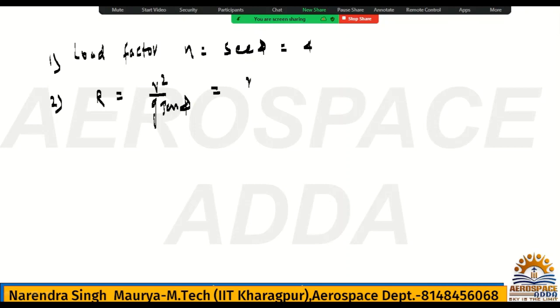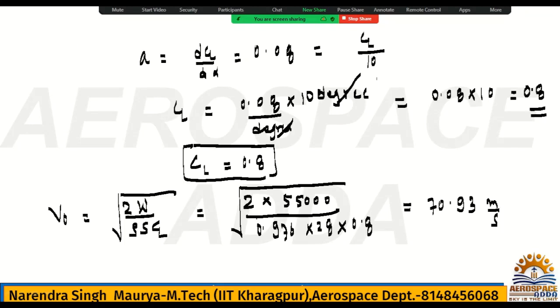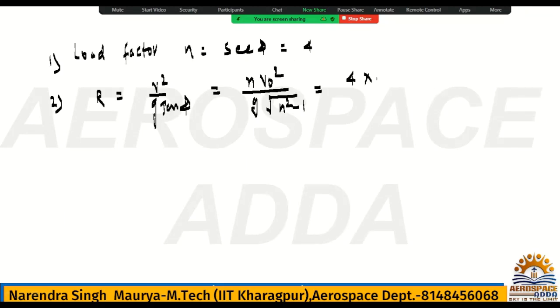V square is n V naught square, and tan phi is root of n square minus 1. n is 4, the velocity you have just calculated is 70.93, and g is 9.8.